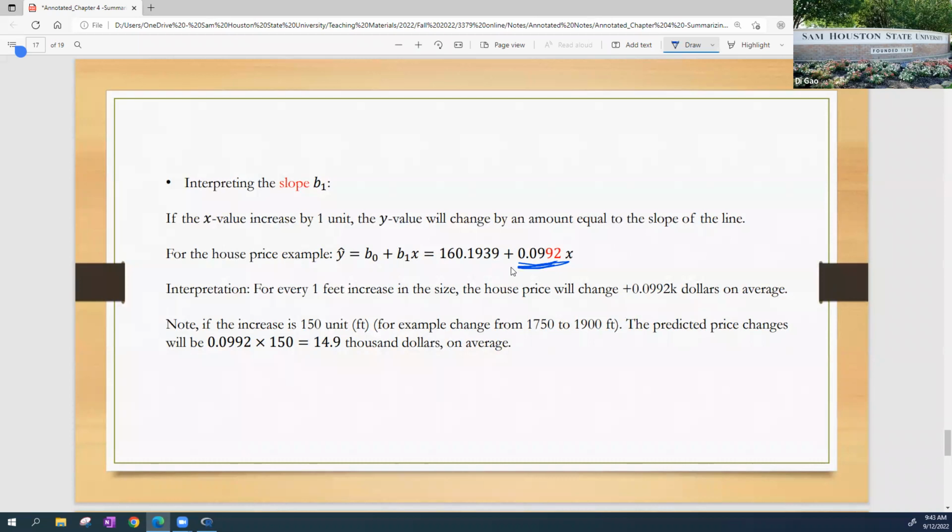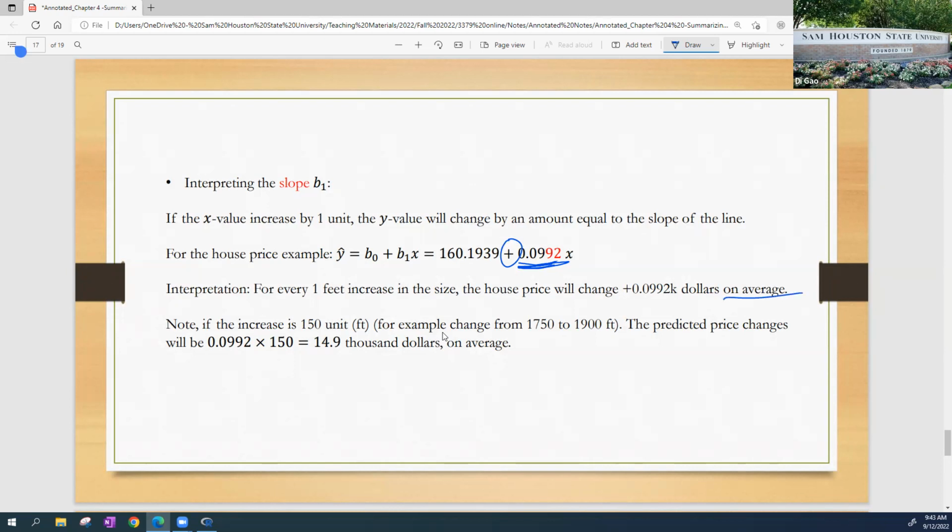So for every 1 unit increase in x, the mean of y will change by 0.0992. The interpretation is for every 1 foot increase in size, the house price will change, because we got a positive sign here, by positive $0.0992 thousand dollars on average.